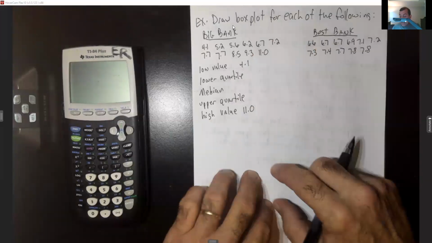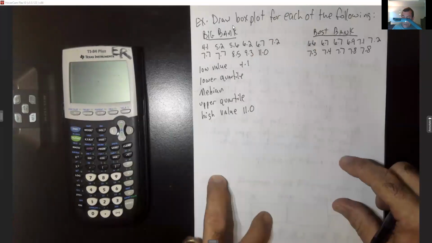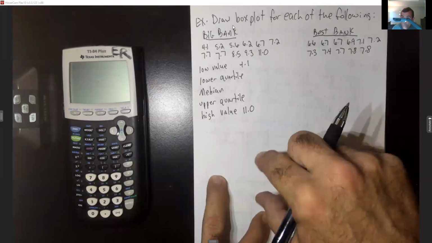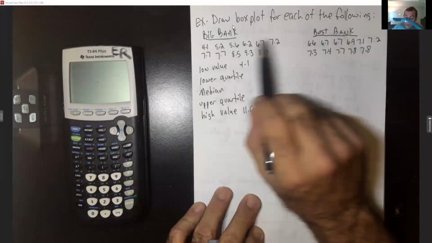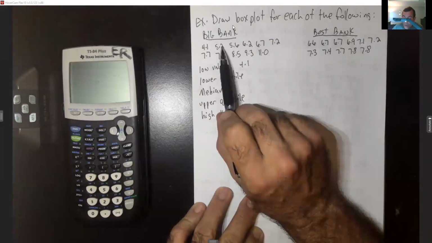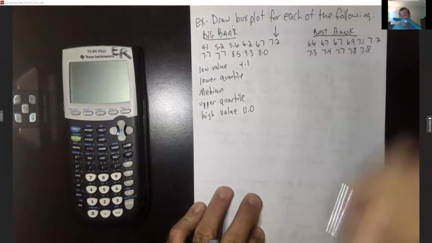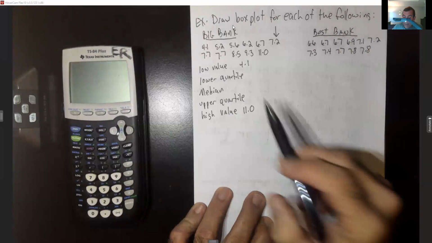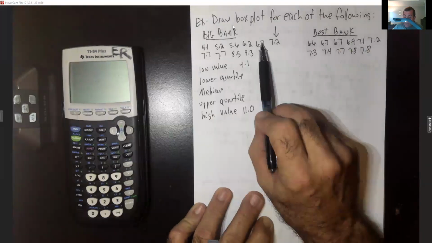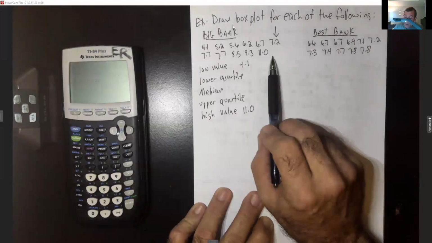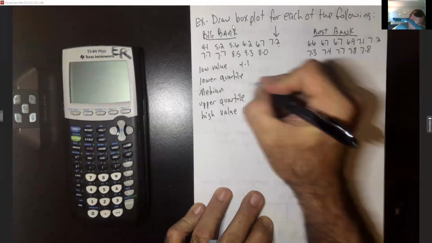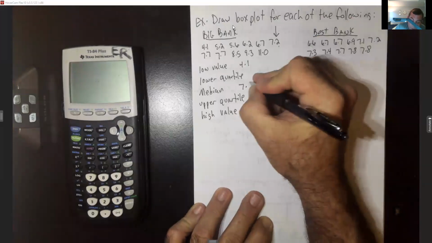So when you got 11 data points, you want to find the exact middle one to be the median of the whole set. So since I got 11 points, 1, 2, 3, 4, 5, the 6th data point will be my median because I got 5 numbers before it and then 5 numbers after it. So the median on this is going to be 7.2.